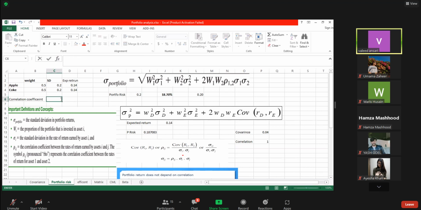You see that the lower the correlation, the greater the chance of risk reduction. That is why I showed you, for example, 0.5, where risk is lower. If it is 0.4, it will go down further. If it is 0.1, it will go down further, to 0.40.